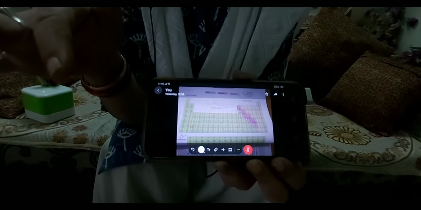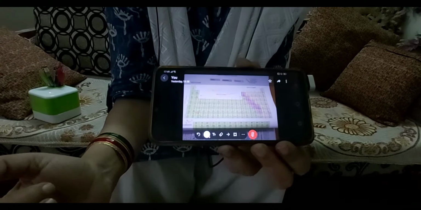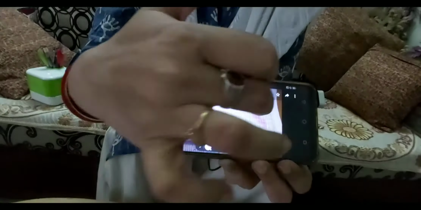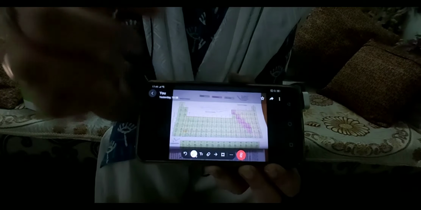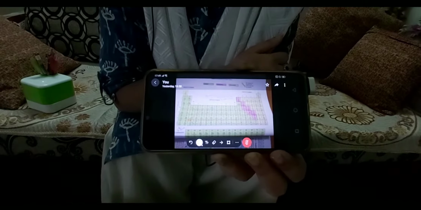One is the yellow box, the others are the green boxes, and then we have the pink boxes. So first we have to know what are these boxes about. The yellow boxes depict the non-metals. The green boxes show the metals, and the pink boxes show the metalloids.